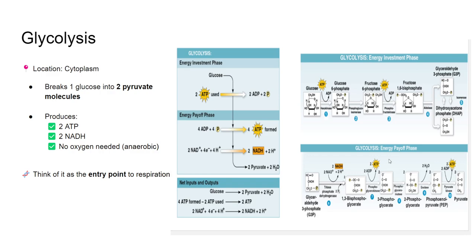So what do I mean by that? Let's look at this. We have 2 NAD plus 4 electrons plus 4 hydrogens, which will give us 2 NADH plus 2 H plus. If we're talking about redox reactions, it means we're reducing something and we're oxidizing something, right?